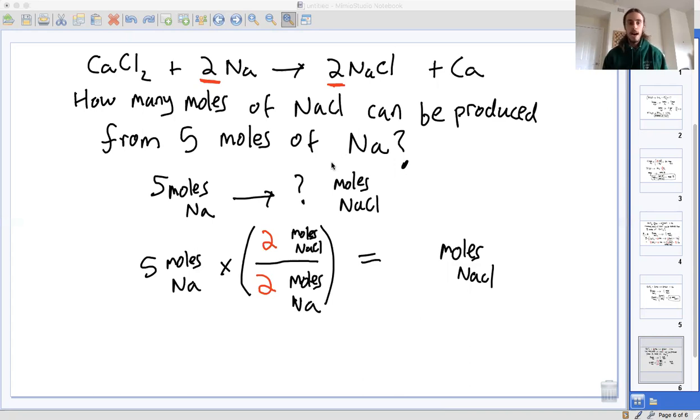So that's just 5 moles sodium chloride, which should make sense because we know that 2 moles of sodium make 2 moles of NaCl. So that's an equal number, right? So if I scale this up to 5, I'm going to still have an equal number of sodium chlorides as I have sodiums. Okay. Next one.